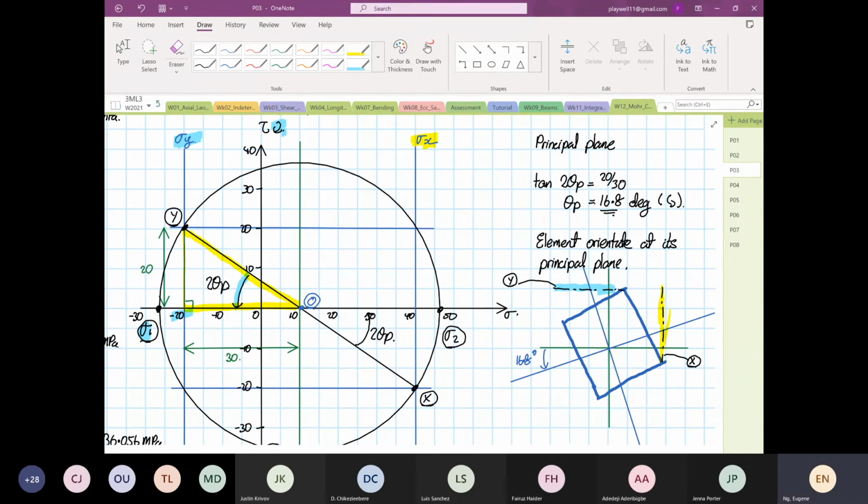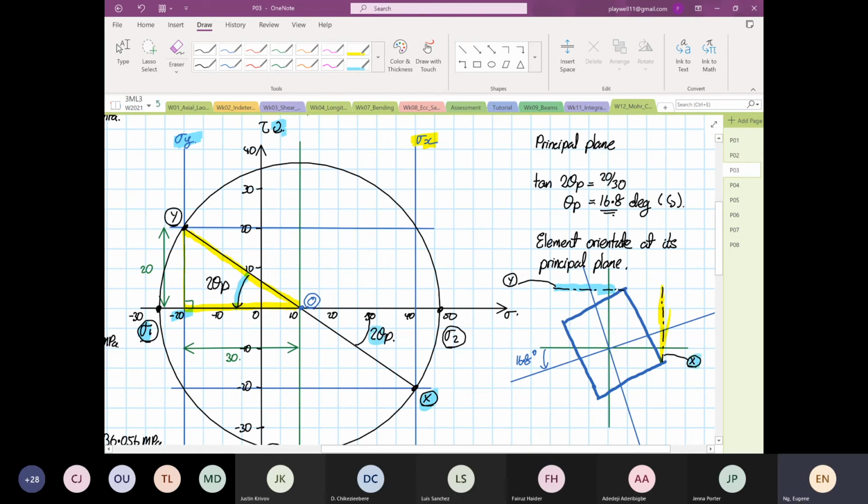Now coming back to where we were before, why are these points important? Because from here, we know if we rotate the element to its principal plane, what the stress magnitude is. Let me highlight. Over here you can see x, yes or no? So this is x.